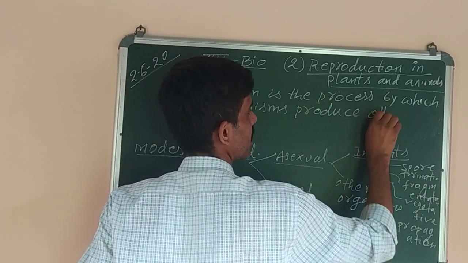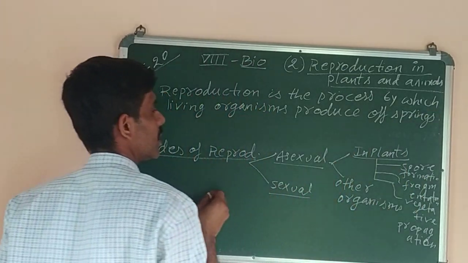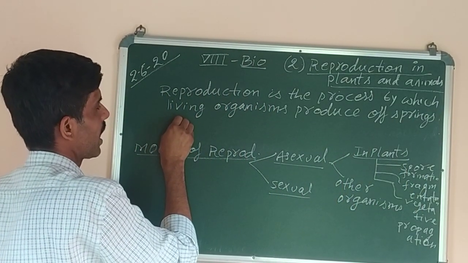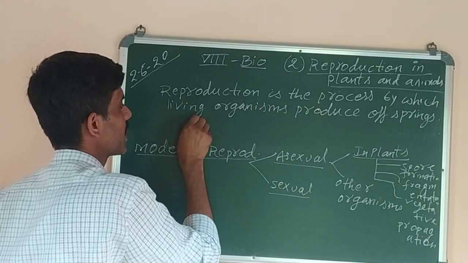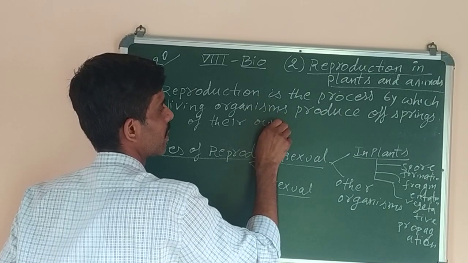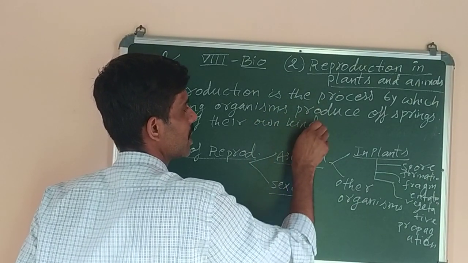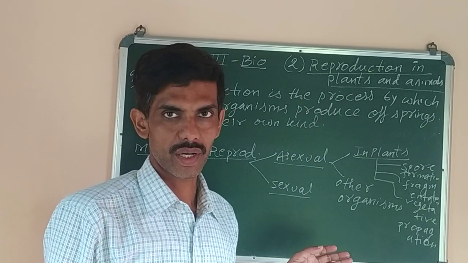Offsprings means they produce the babies of their own kind. It is the process by which living organisms produce offsprings of their own kind. Means similar to them only they produce the living organisms.